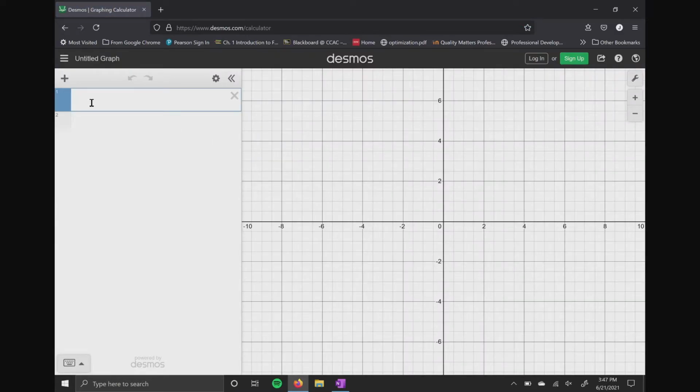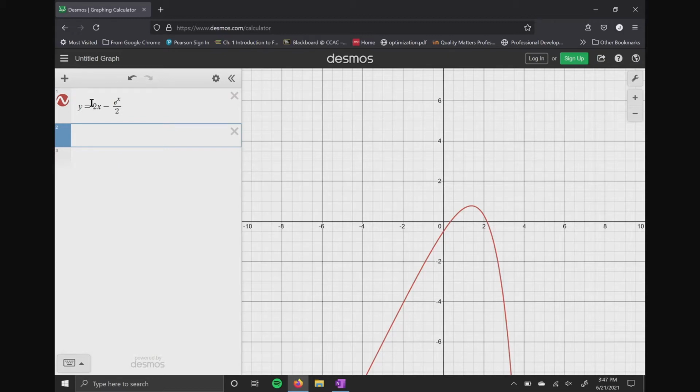So our function is going to be y equals 2x minus e to the x in the numerator, and then a 2 in the denominator. So that's what our graph looks like. The point in question is 0, negative 1 over 2. Oh, parenthesis in the wrong spot, but that's all right.